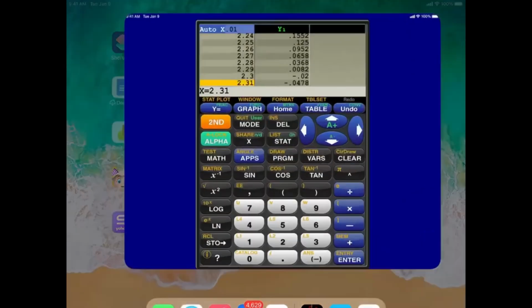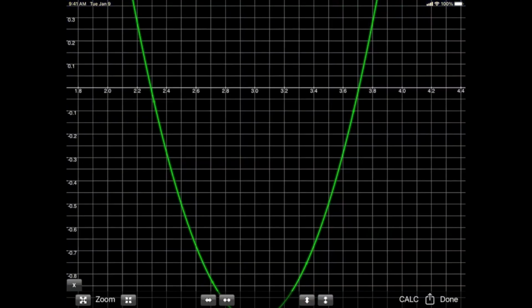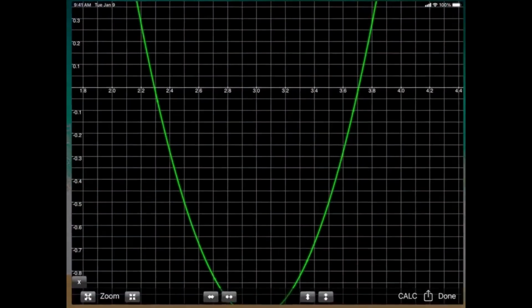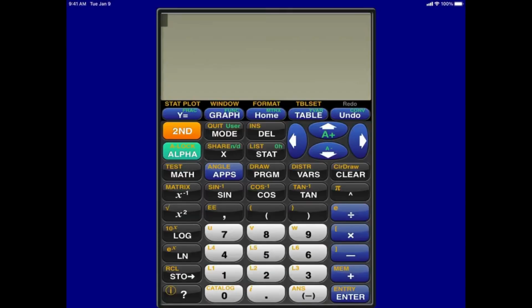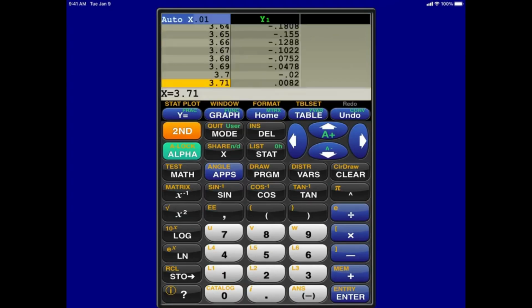And the other one was 3.7. Dope. 3.7. And right on the money. 3.7, 3.71.